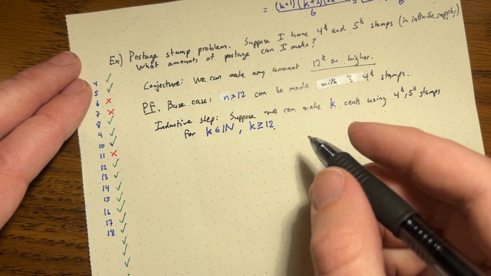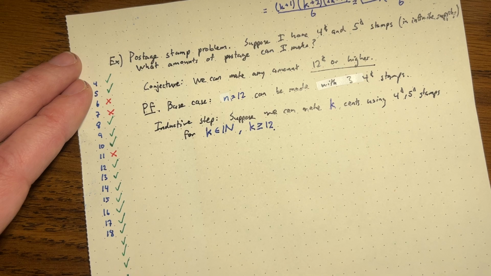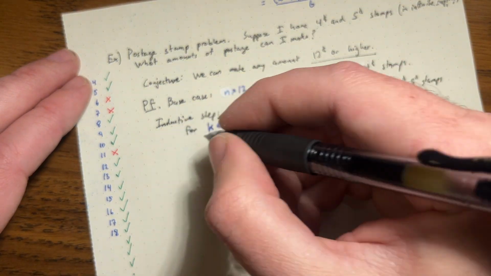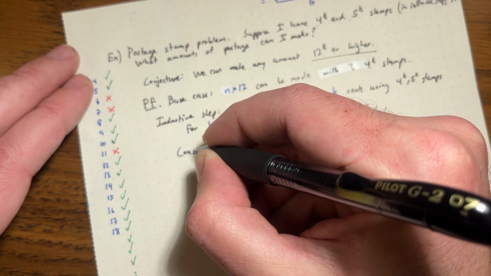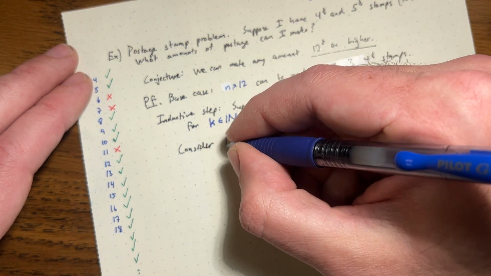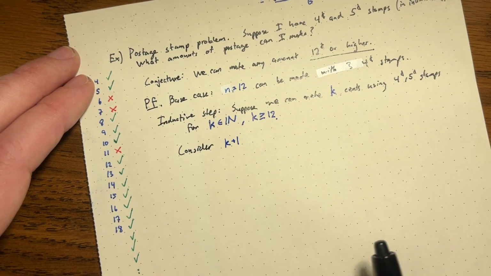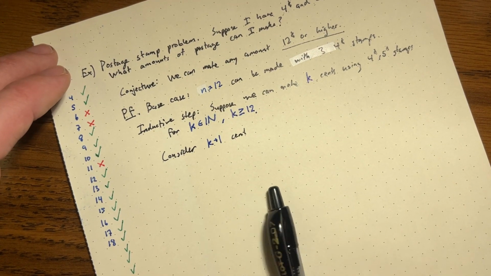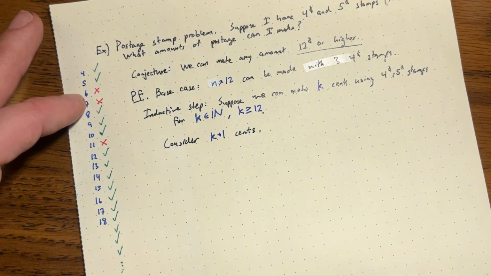So let's write that up. So suppose we can make k, and now consider k plus 1 cents.